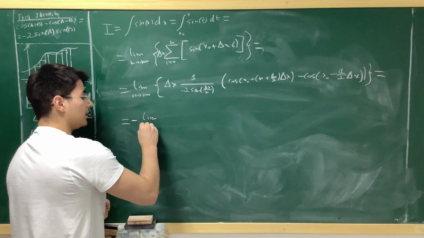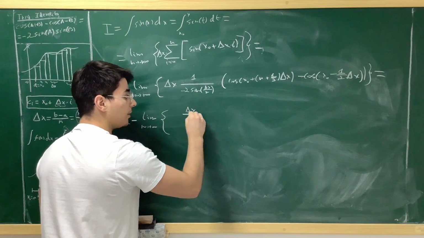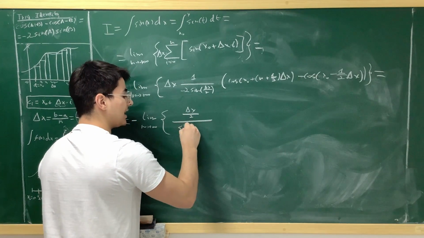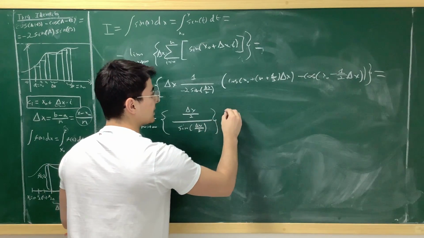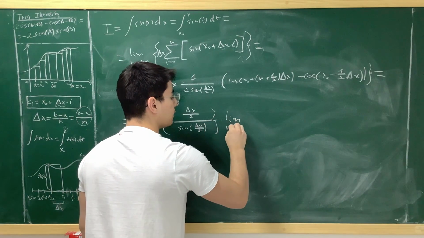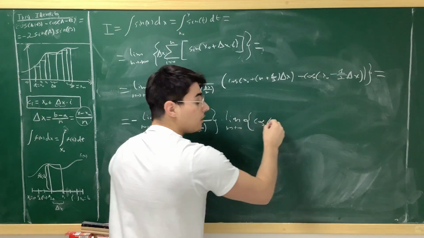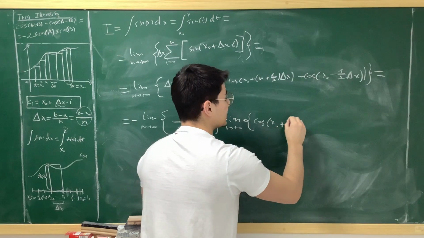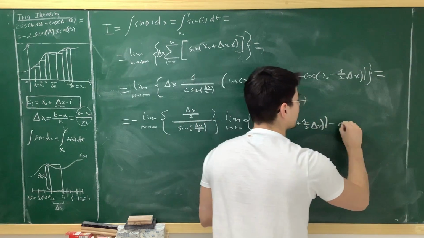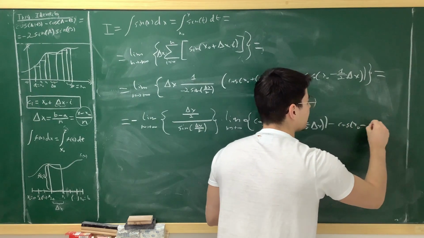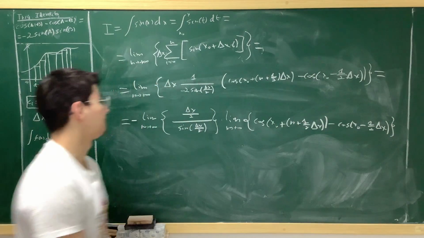So the limit when n goes to positive infinity of delta x over 2 over the sine of delta x over 2, times the limit when n goes to positive infinity of the cosine of x naught plus n plus 1 half delta x minus the cosine of x naught minus 1 half delta x, and that's it.